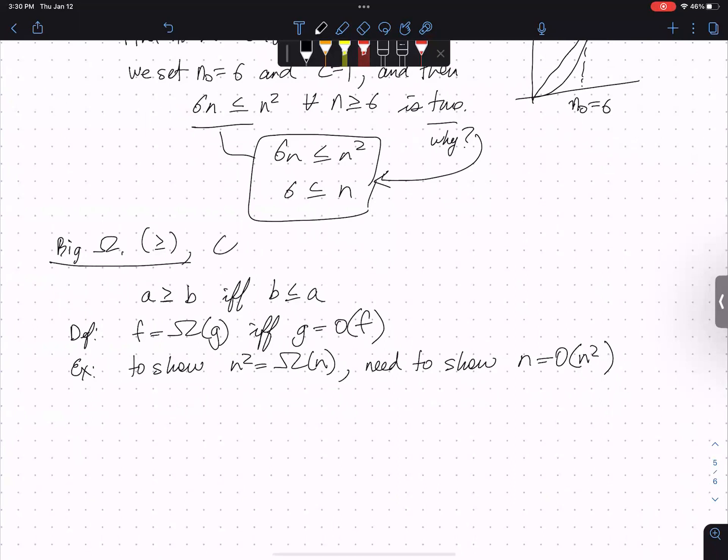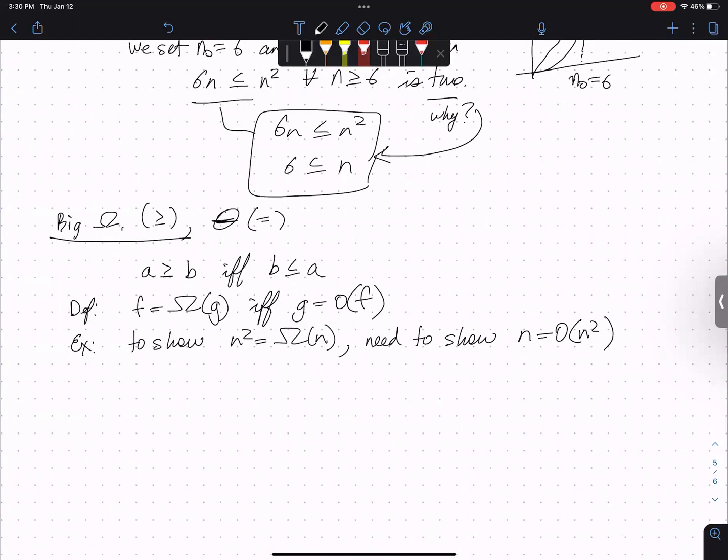The other thing I want to talk about is theta, which is kind of like equality. How would you define A equals B? You can define it as A equals B if and only if A is less than or equal to B and A is greater than or equal to B. That's one way to define equality with just regular numbers. So we do the same thing here.